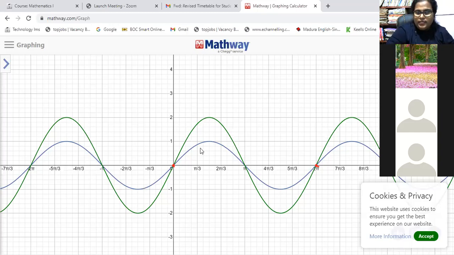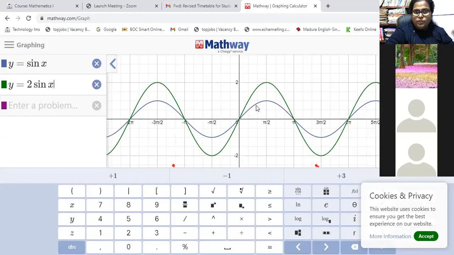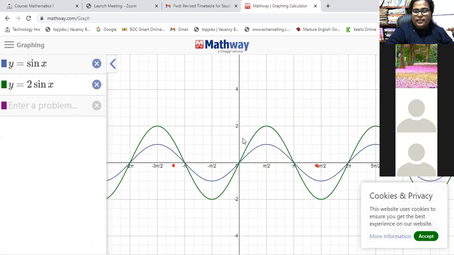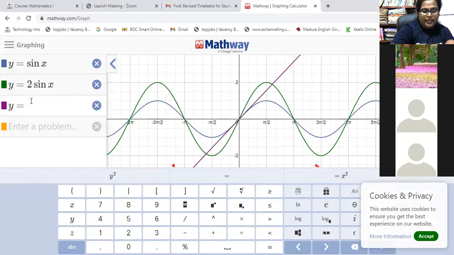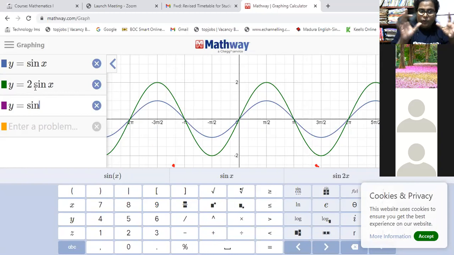So when you take 2 sin x, you have doubled the distance here. And when you take y equals sin 2x, the angle inside the sine function, x here, is actually an angle, right?